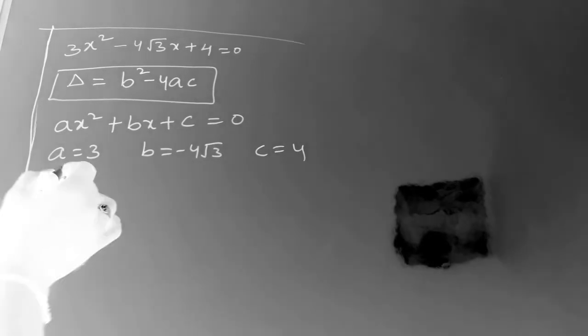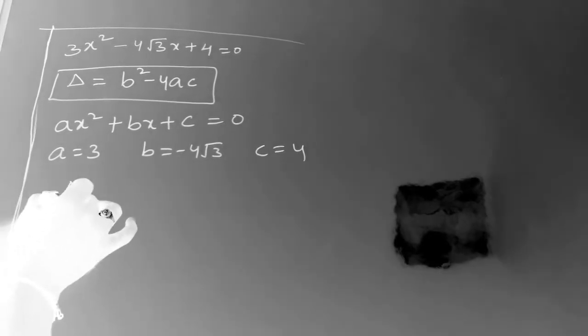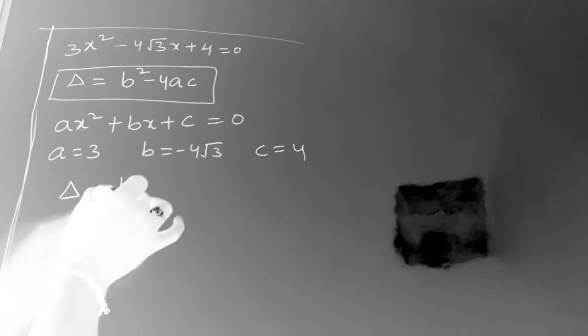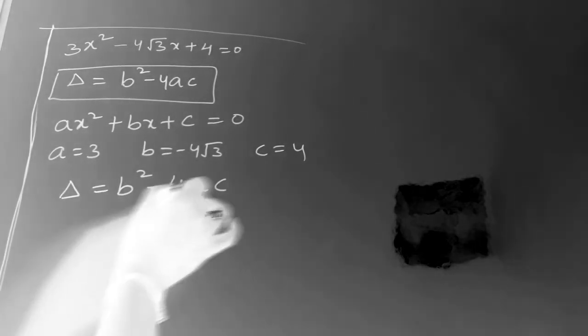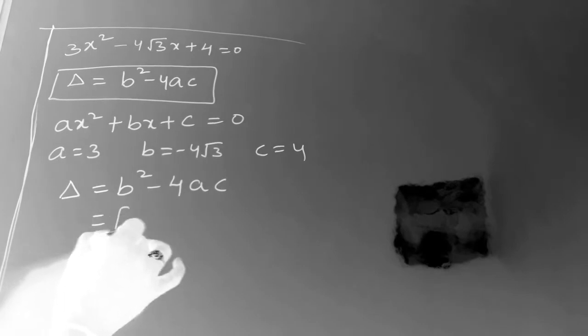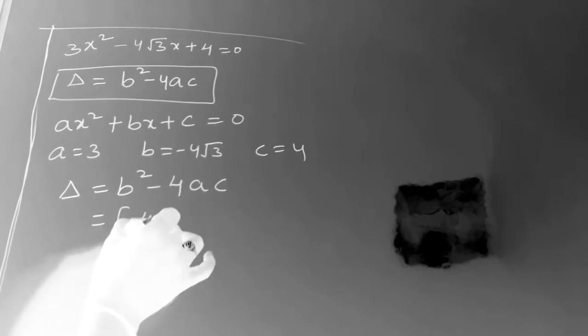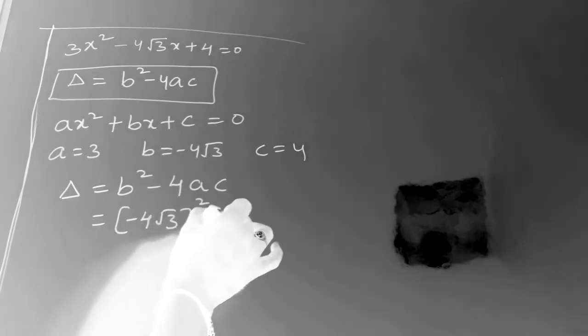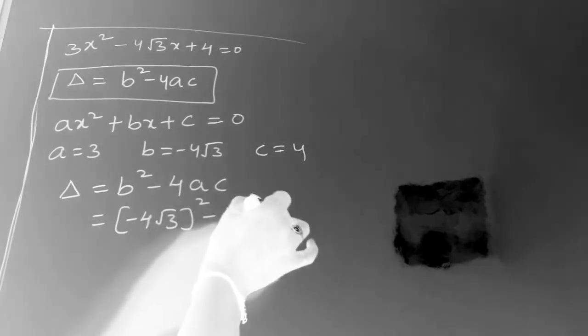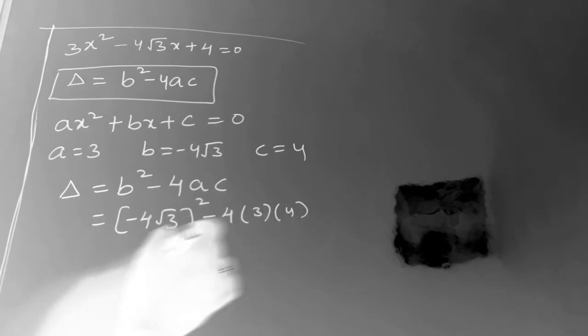Now we substitute in the formula b square minus 4ac. So here b square, minus 4 times root 3 whole square, minus 4 into 3 into 4.